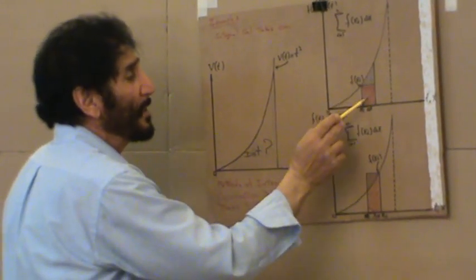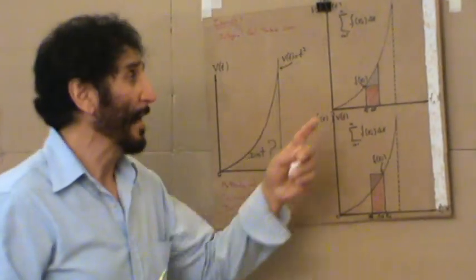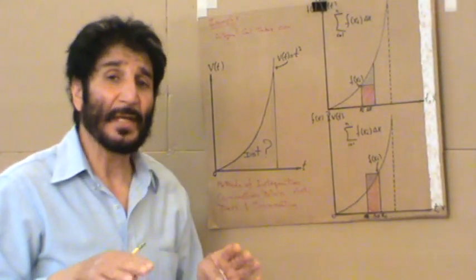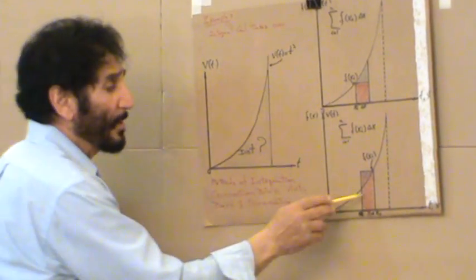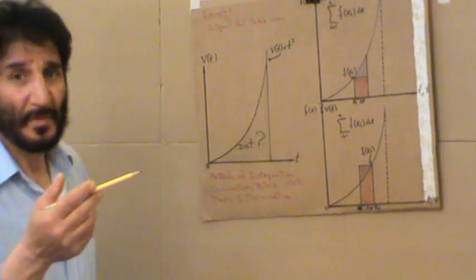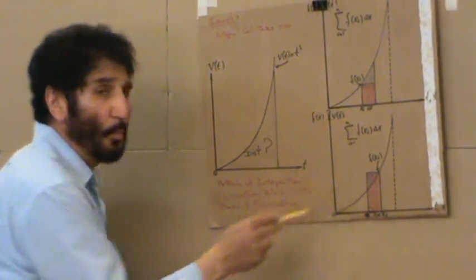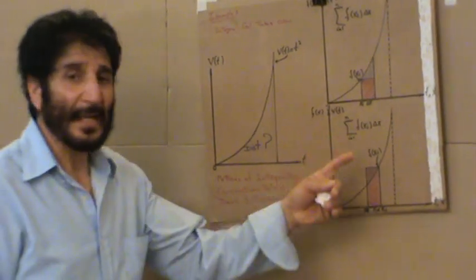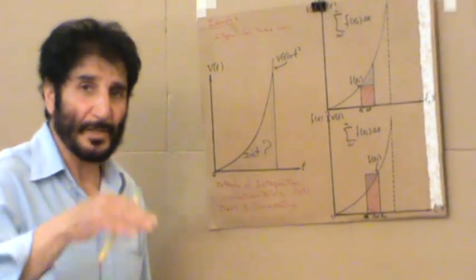If we fill it up with this kind of rectangles, the area of them, when we add them together, will be less than the actual area under the curve. On the other hand, if we fill it up with this kind of rectangle, where we take the right endpoint, then we see that this rectangle has this much more. So when we add and add and add, the area that we get is a little bit more than the actual area under the curve.